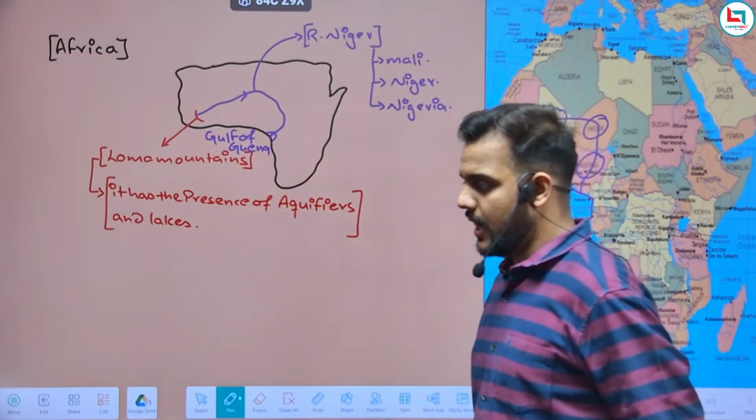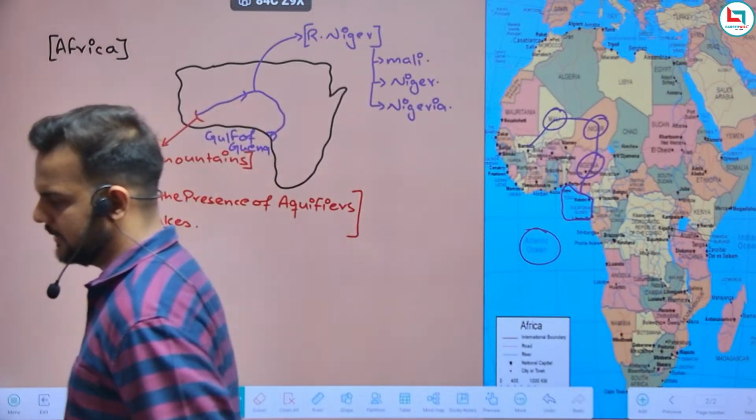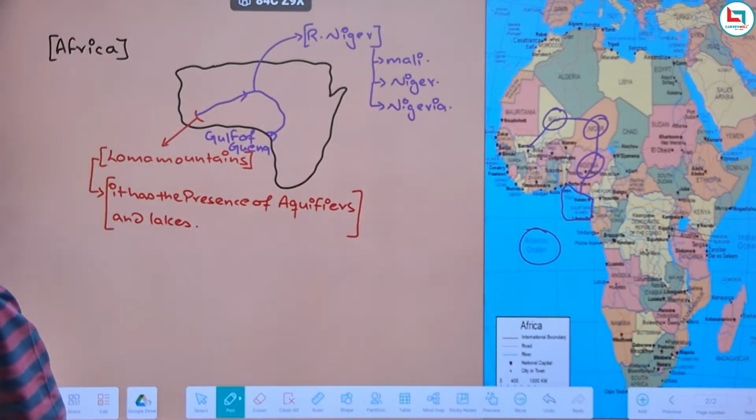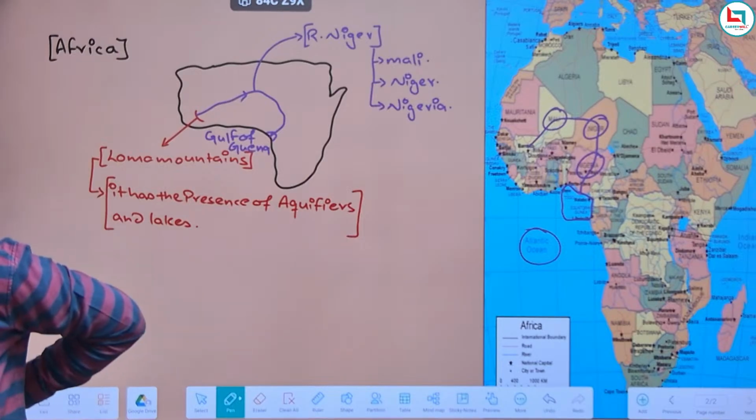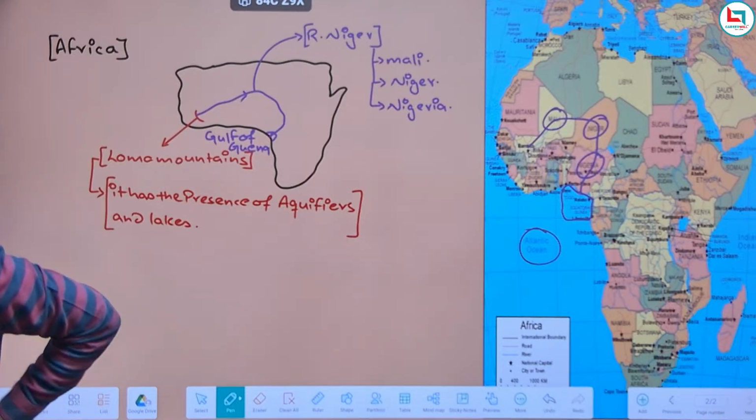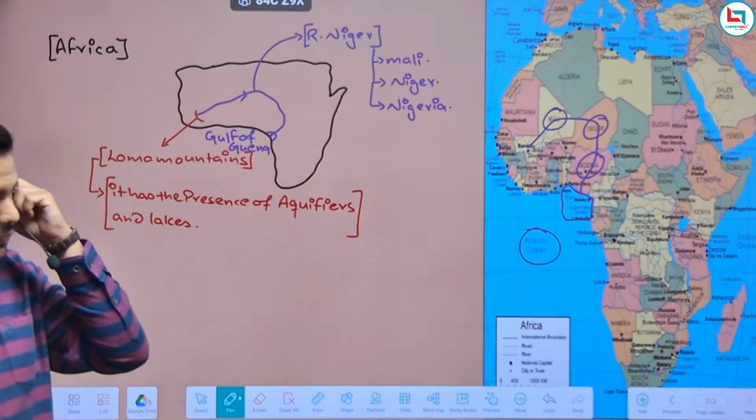After this, when we look at the tributaries of River Niger, it has many tributaries. We have the Black Volta and the White Volta.